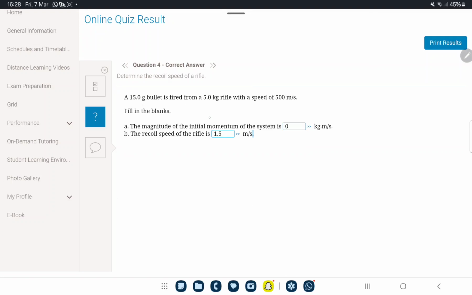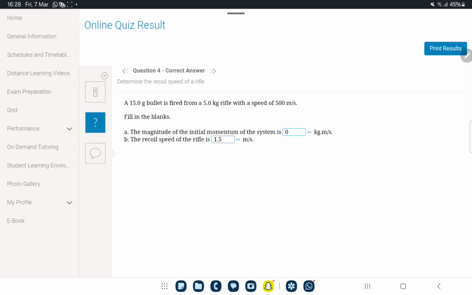A 15 gram bullet is fired from a 5 kilogram rifle with a speed of 500 meters per second. So they want the initial momentum. The whole thing was stationary in the beginning, so the momentum is 0.